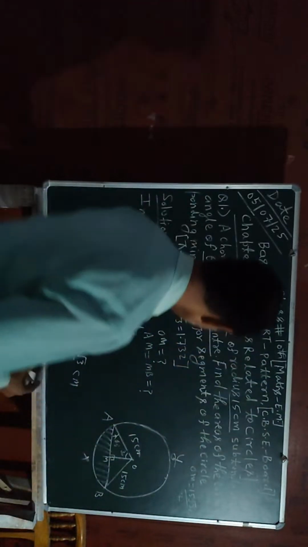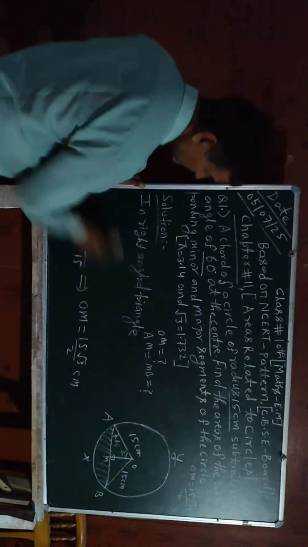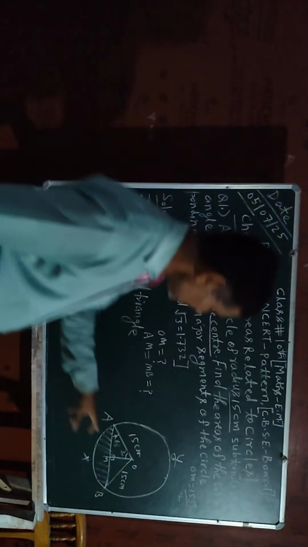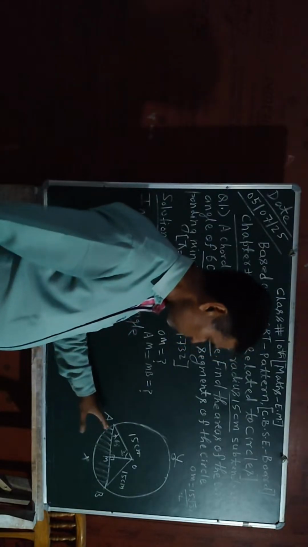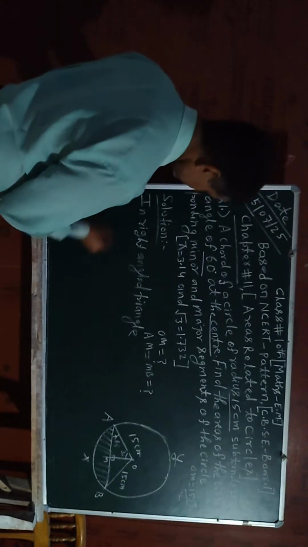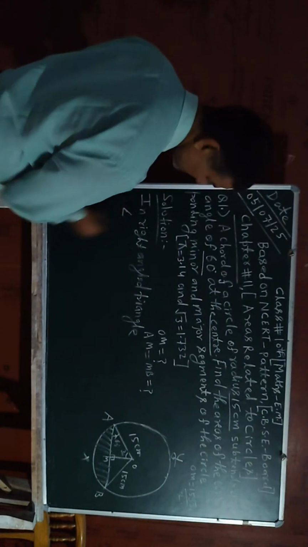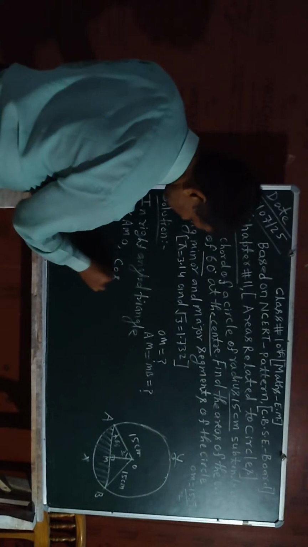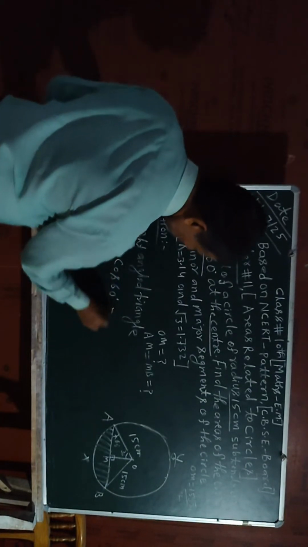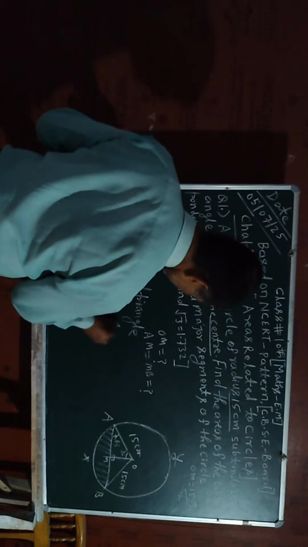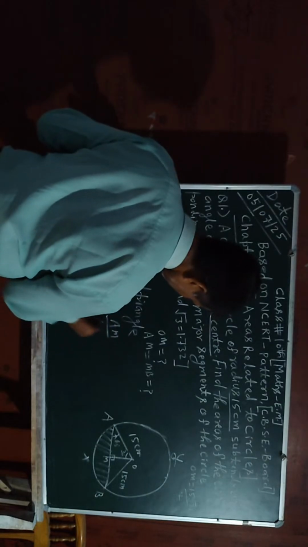Now further I will erase this information, and after erasing it, I will write the cos theta information, following the same right angle triangle AMO. I will say cos 60 degree is equal to base divided by hypotenuse. Base is AM divided by hypotenuse AO.